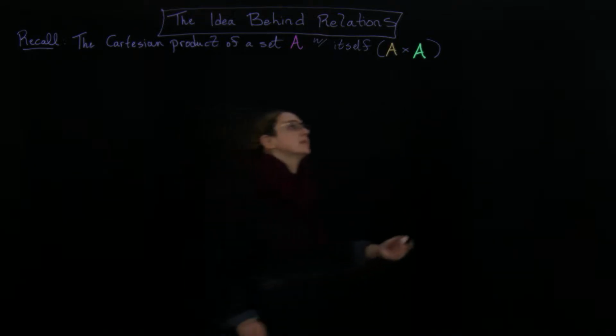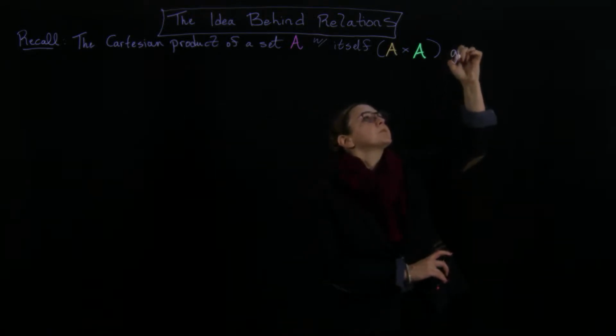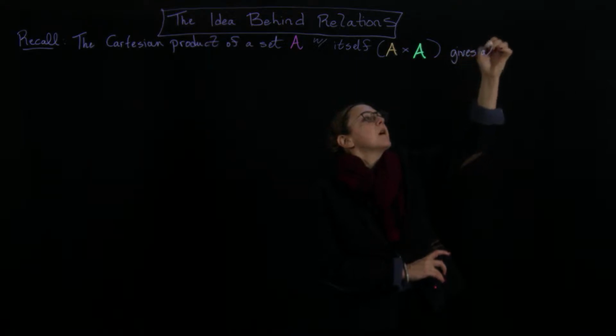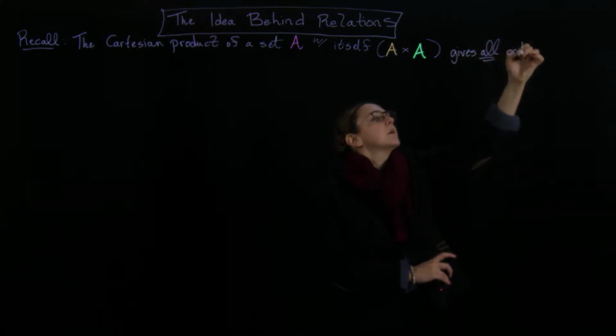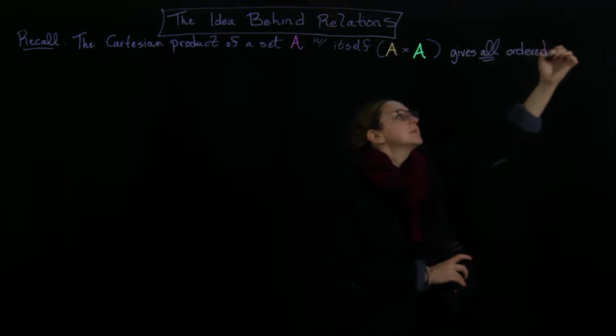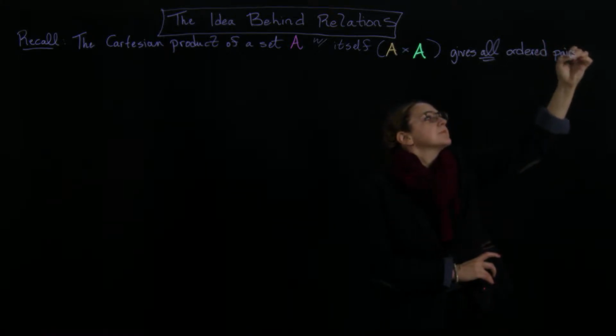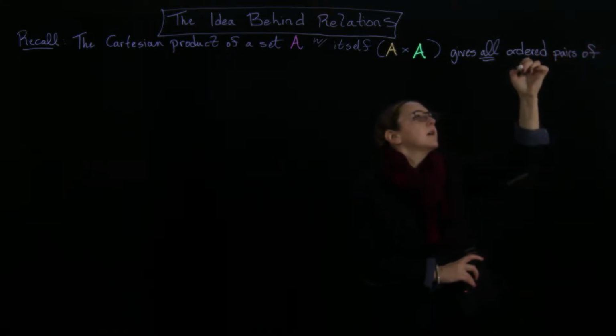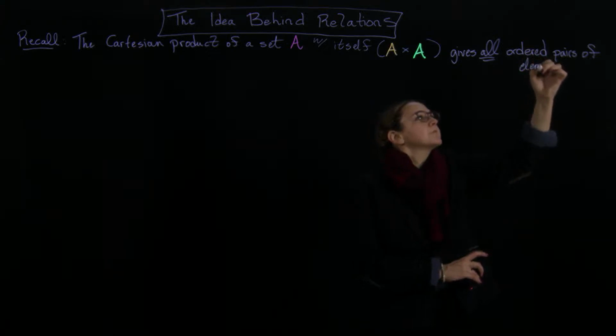So this gives all ordered pairs of elements of A, right?